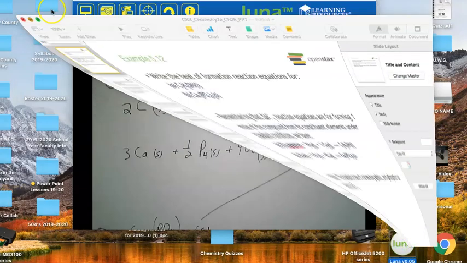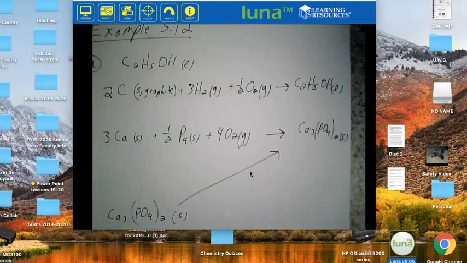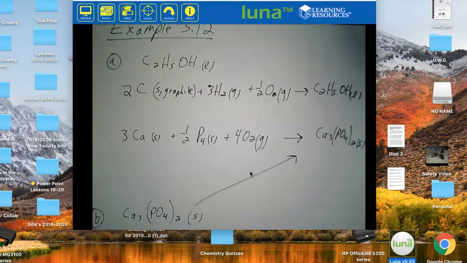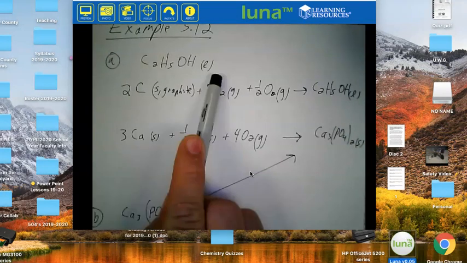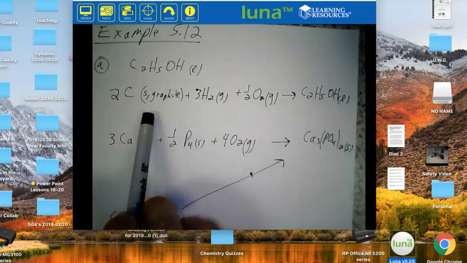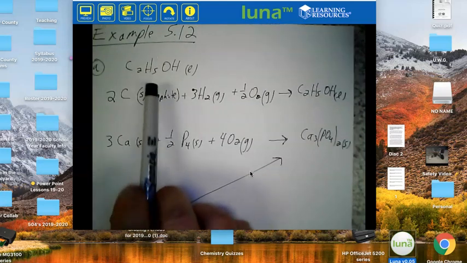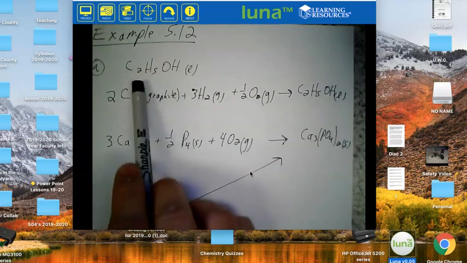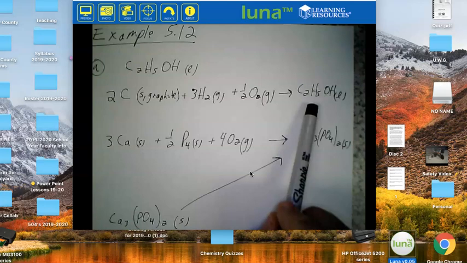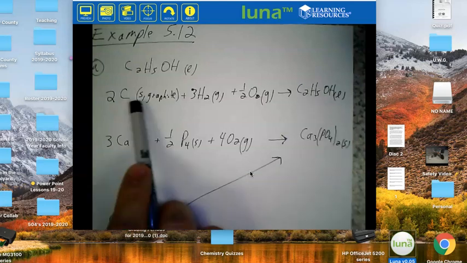Here we're given C2H5OH liquid, and we're trying to write the reaction where we're producing 1 mole of product from free elements.